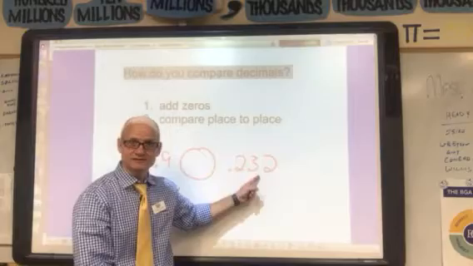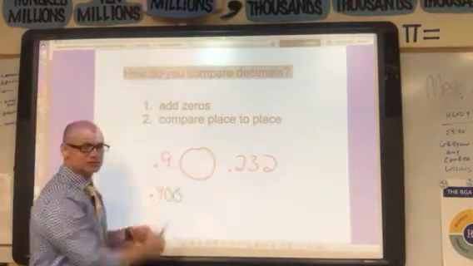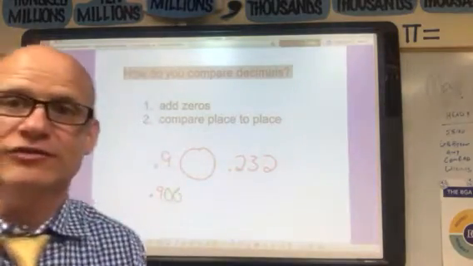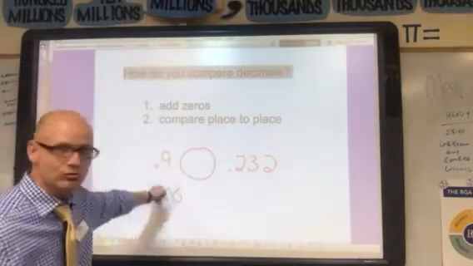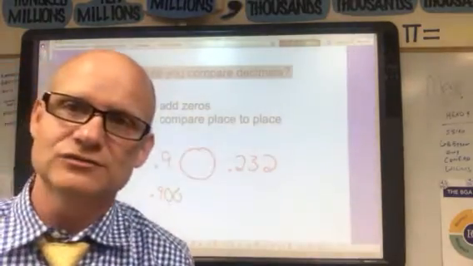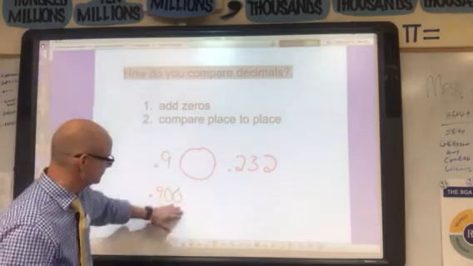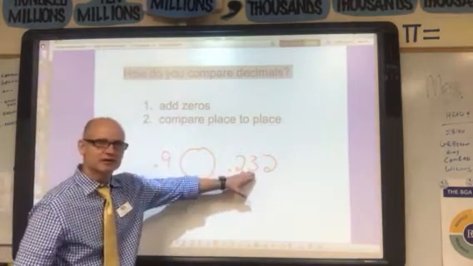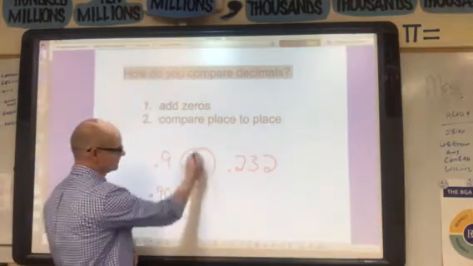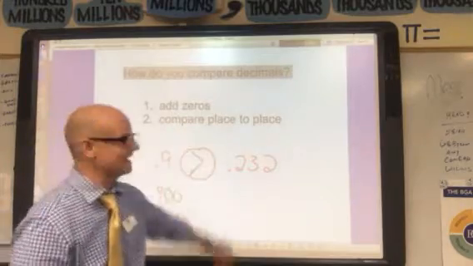This other number is 232 out of 1,000. So they're going to add 2 more zeros because 900 out of 1,000 is the same part of a whole as 9 out of 10. Now they can compare that 900 out of 1,000 is greater than 232 out of 1,000. So some students like to just add zeros.